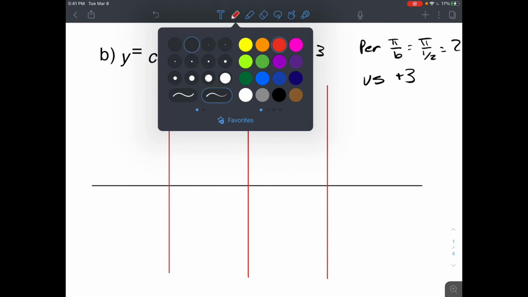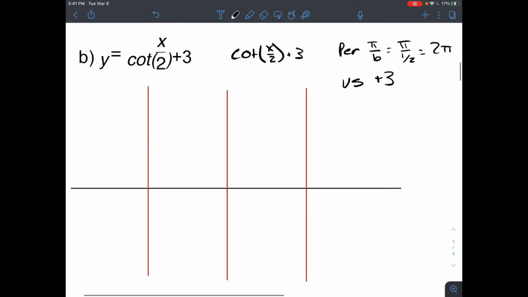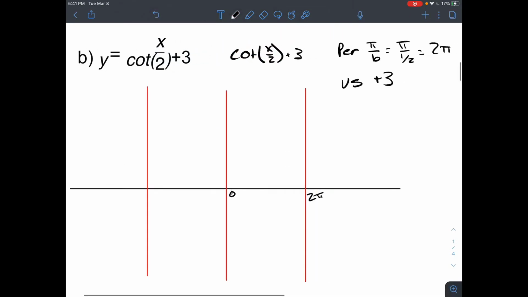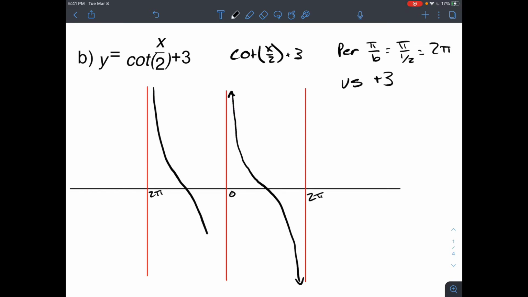And since our period is 2 pi, we have 2 pi over here, 0, 2 pi. Let's think about where tangent is positive and negative. It's going to be positive in the first quadrant. So we start up and go down. Start up and go down.